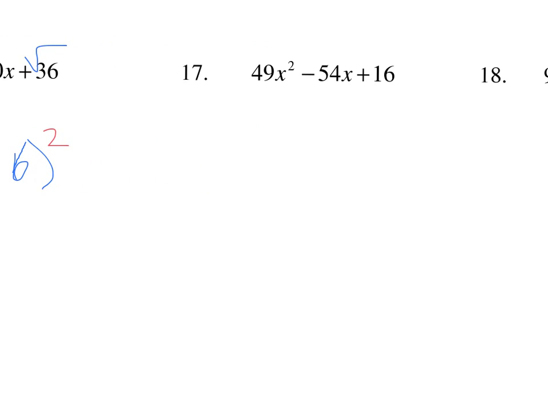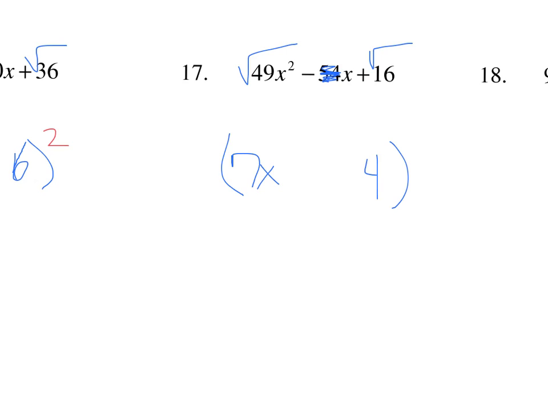Okay, do we have perfect squares here? Yes, yes, plus sign. Okay, let's try it. The square root of 49x squared is 7x. The square root of 16 is 4. I'm looking at the newest copy of the book. I must have gotten an old copy here because in your book this should be a 56, shouldn't it?